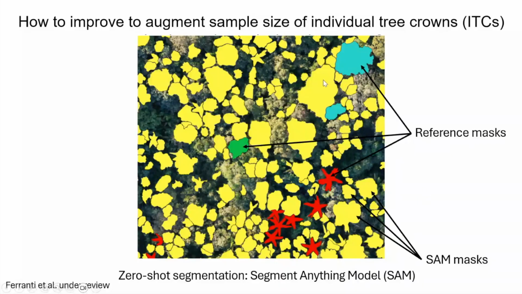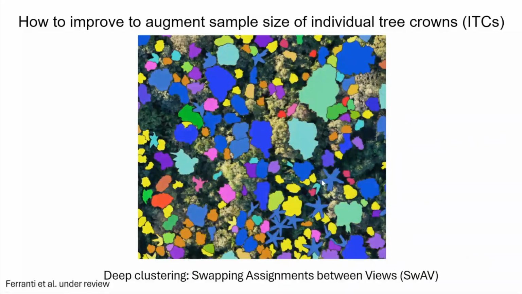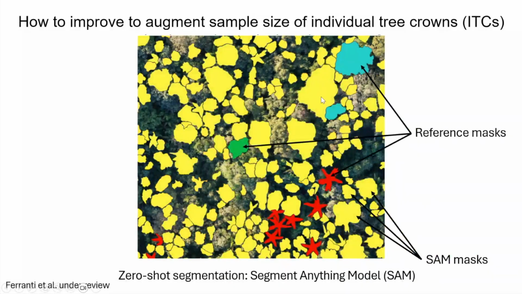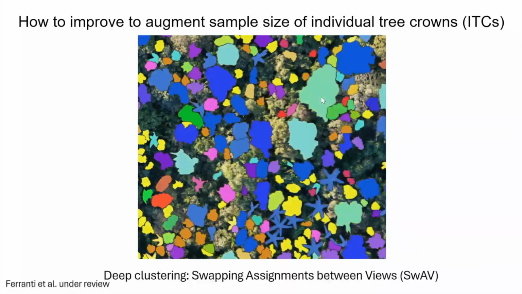And we use the zero-shot segmentation to attribute, or we can use each of these tree crowns to train another method called SwAV. It's a kind of unsupervised deep learning model.